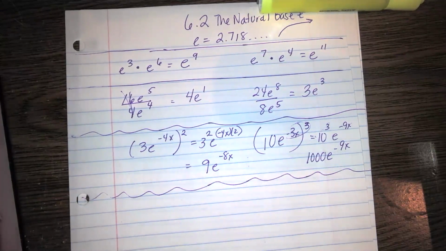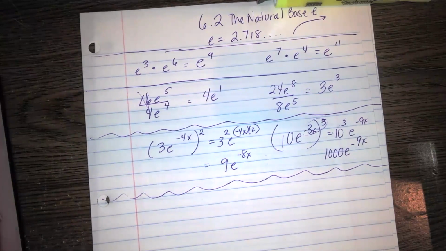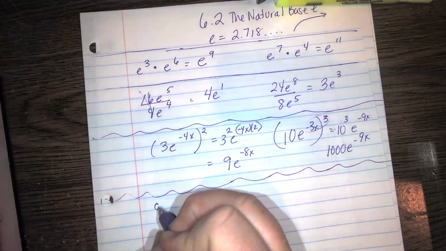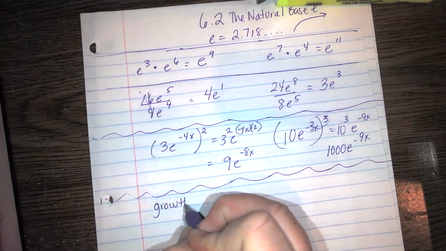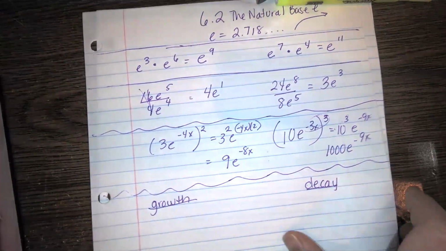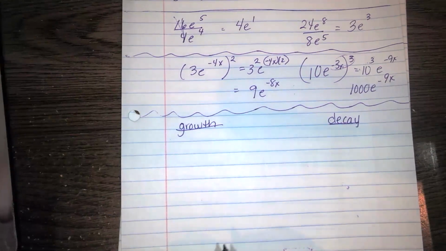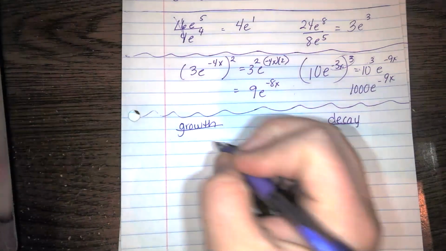The other piece is talking about how e can be both growth or decay. We kind of explored this yesterday: how do you determine whether the e is growth or decay? Well, quite frankly, it's what does the power look like?